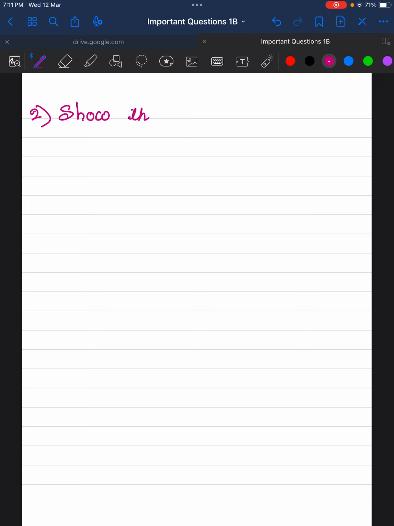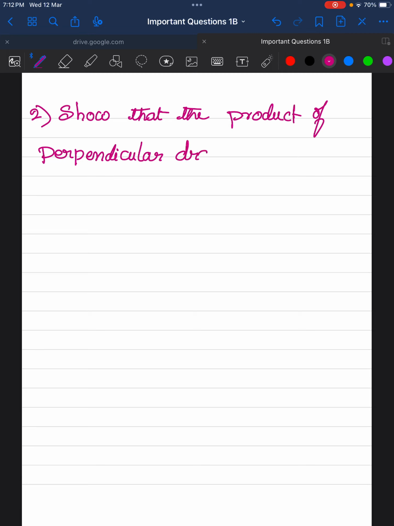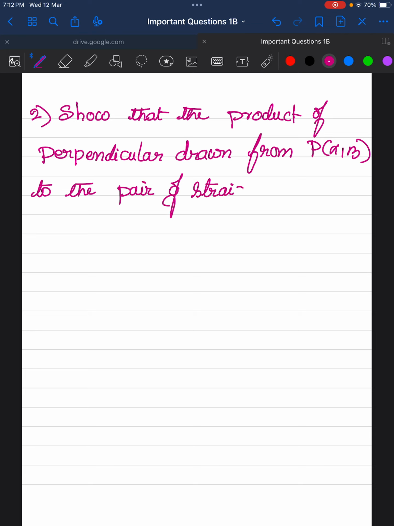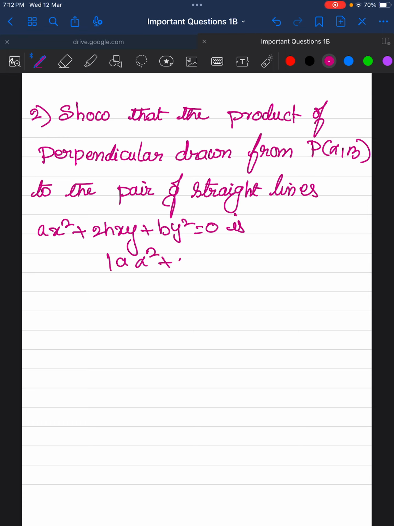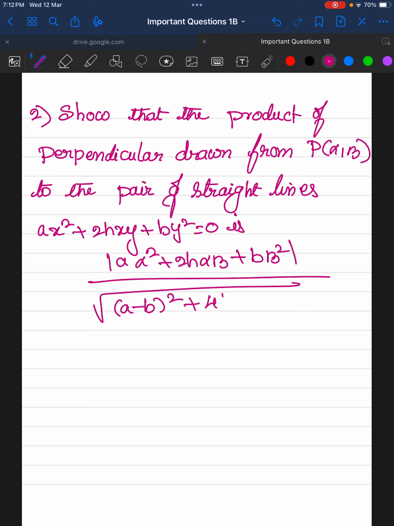Show that the product of perpendiculars drawn from P(alpha, beta) to the pair of straight lines ax square plus 2hxy plus by square is equal to 0 is modulus of a alpha square plus 2h alpha beta plus b beta square by root of a minus b whole square plus 4h square. This is what you need to prove.